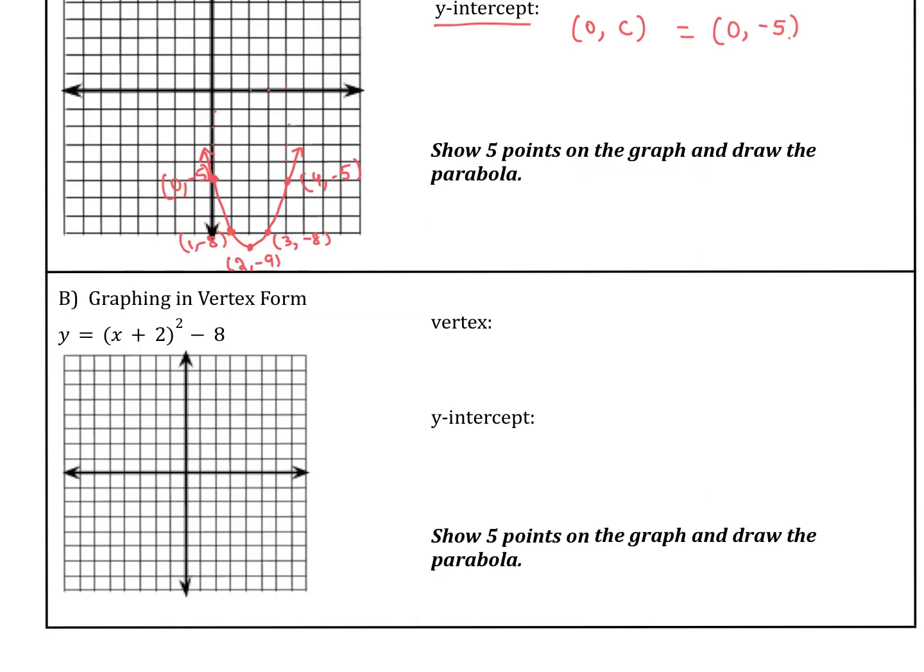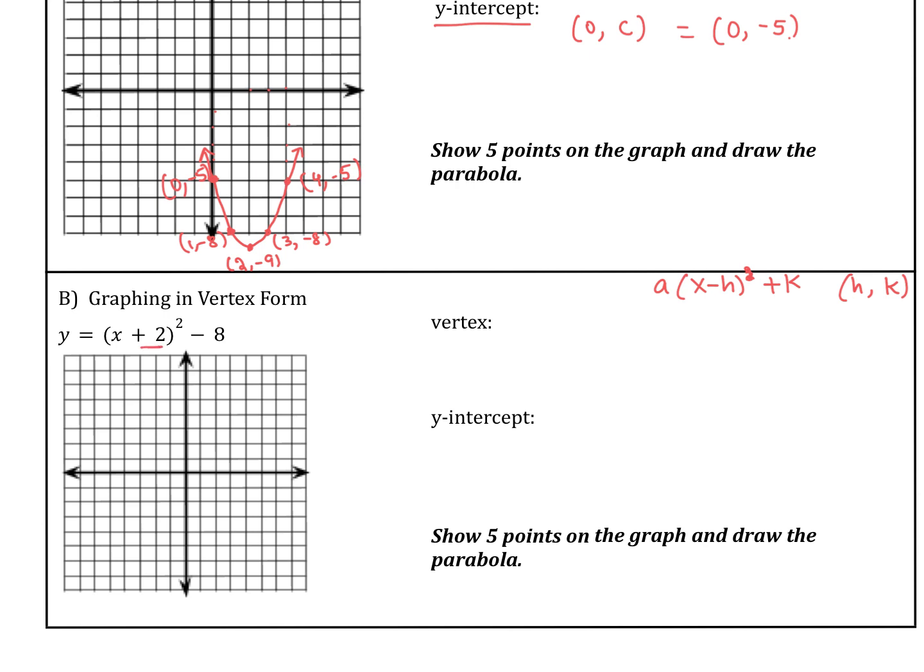For letter B, you're going to use the formula a x minus h squared plus k, where h with the opposite sign, k is your vertex. So if you want to find the h, you're going to use the opposite sign of 2.